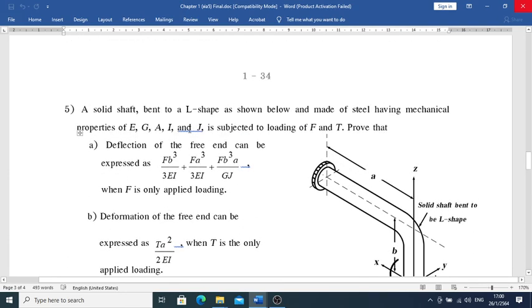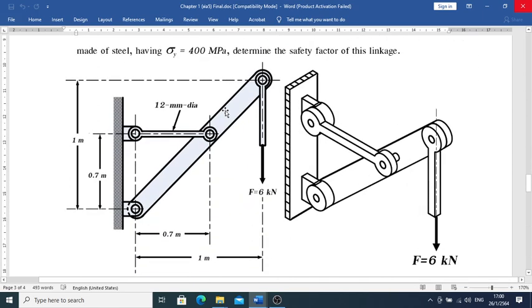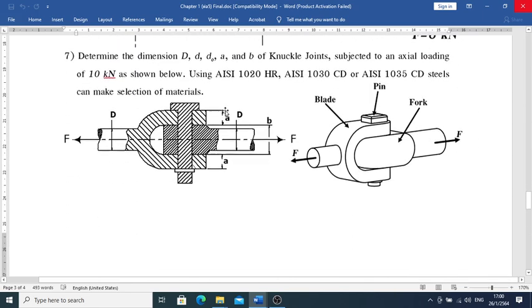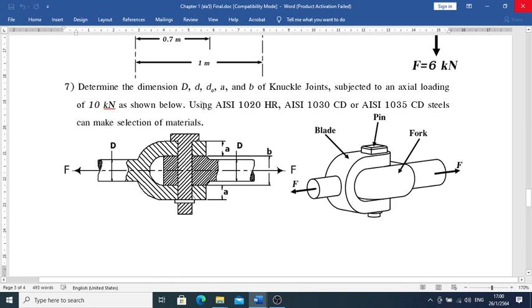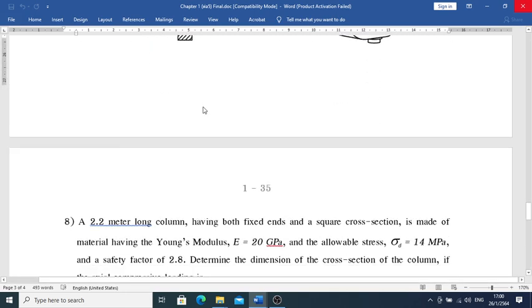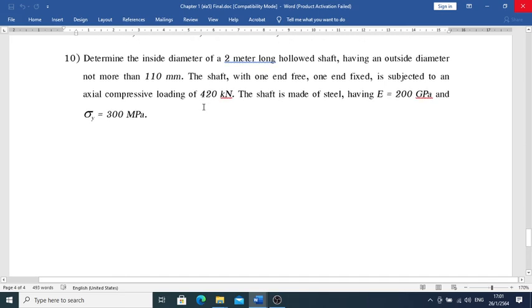Number five, please just do it and submit it to me as homework. And number seven, please. Five and seven are the assignment. Just submit them to me as homework, everybody, please.